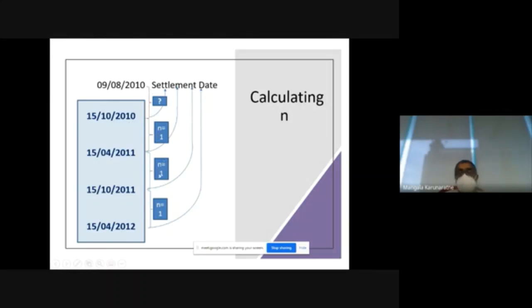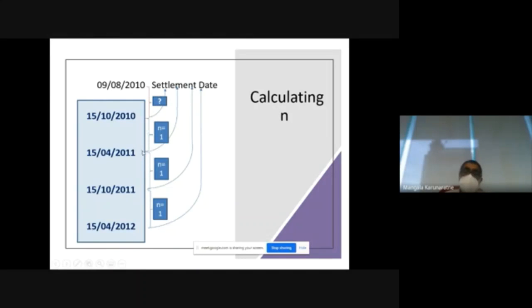Now these we know: 1, 1, 1. But we have a challenge here to calculate this period, because this last cash flow will come 3n's plus this period. The first one will only have this period, this n, which we are going to calculate.